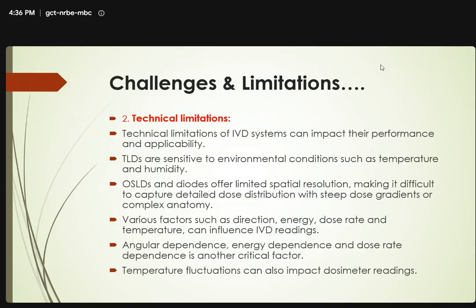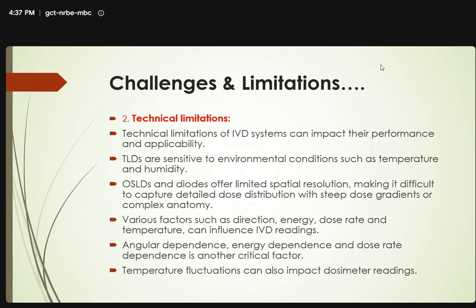Second is technical limitation. Technical limitations of in vivo dosimetry systems can impact their performance and applicability. Like TLDs are sensitive to environmental conditions such as temperature and humidity. OSLDs and diodes offer limited spatial resolution, making it difficult to capture detailed dose distribution with a steep dose gradient or complex anatomy.